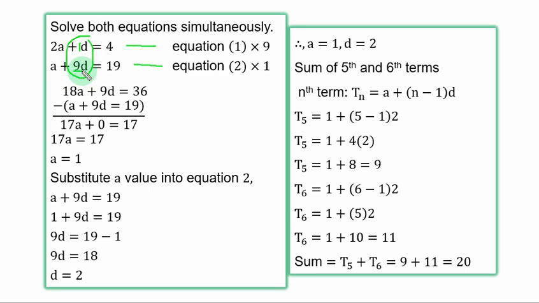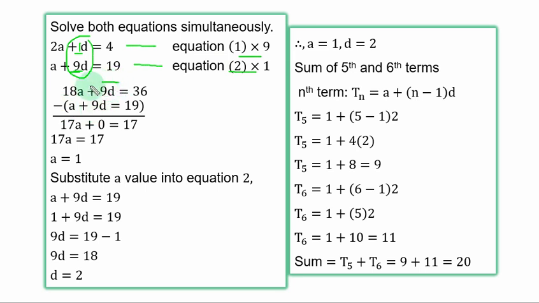You find the LCM of 1 and 9, it is 9. So this 9 remains the same. To achieve 9 from here, you multiply through equation 1 by 9 and equation 2 by 1. Equation 1 becomes 18A plus 9D equal to 36. Equation 2 remains the same.